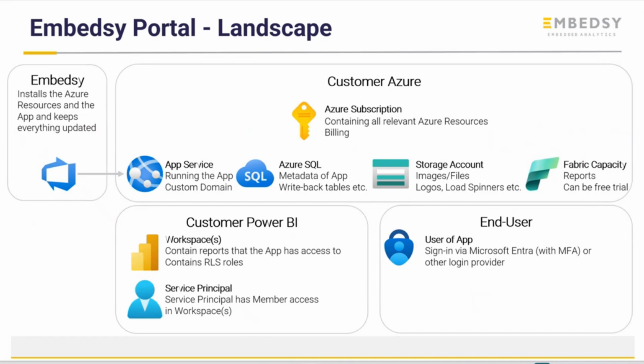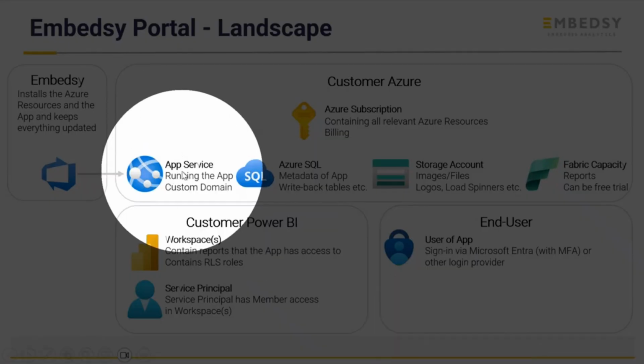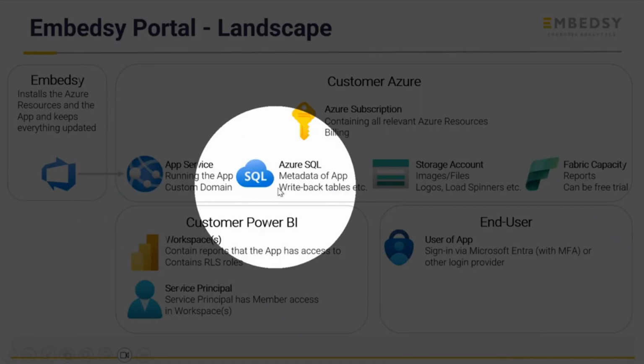Basically, we have an installer that you can just access, and then you add your name and then blah blah blah, and you log in with the global admin, and then within 30 minutes we have everything deployed that is needed. So basically, what's being deployed is an app service. That's where the app runs. That's where the code runs.